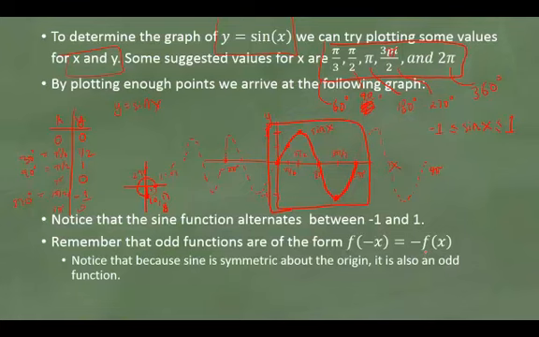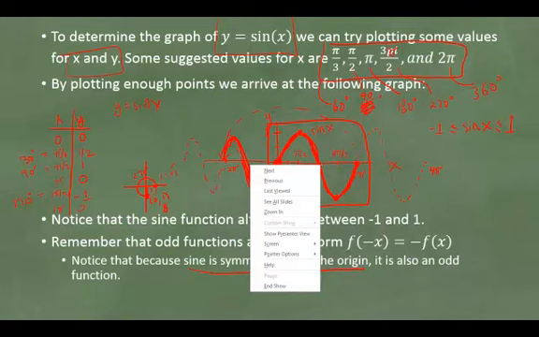Notice that because sine is symmetric about the origin, if you were to take this graph of sine and rotate it, keeping the origin, this middle point, fixed, you would end up with the same looking graph, only negative. The values are different signs. This part right here would coincide with this part down here. This part would coincide with this part. So same values but negative.